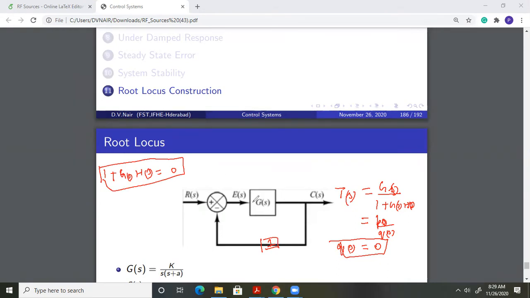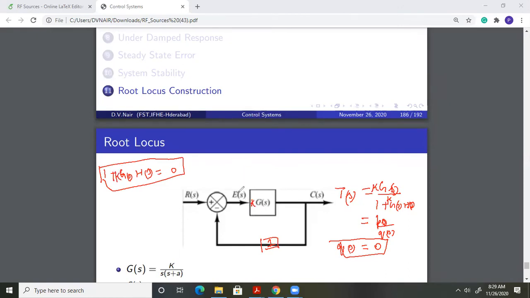Let me take K out of G S H S. So let there be a controller gain K. Then there will be K G S, and H S here. So it will be 1 plus K G S H S equal to 0.